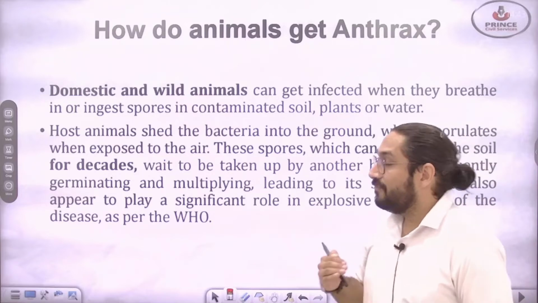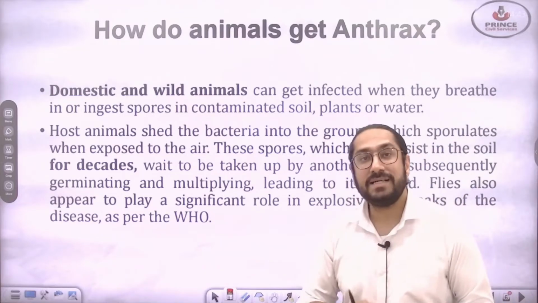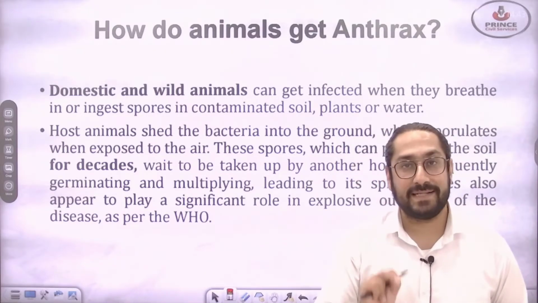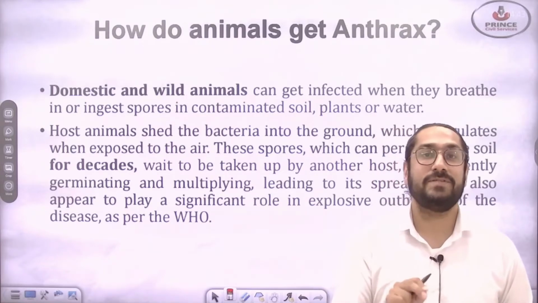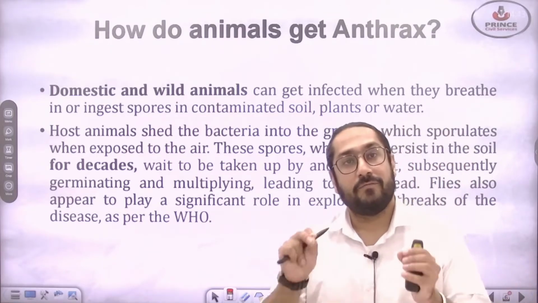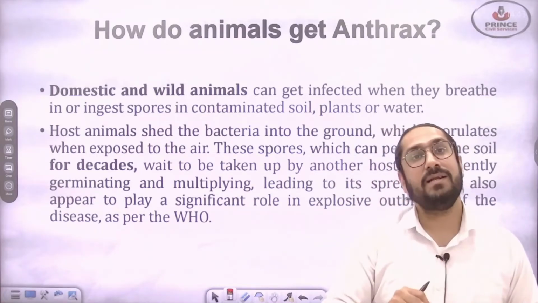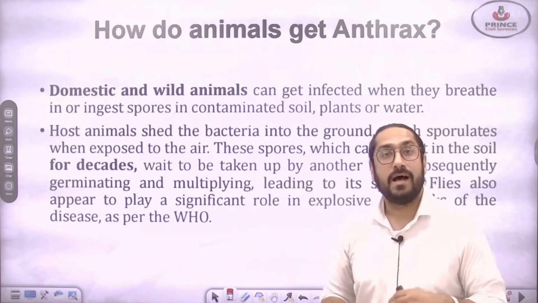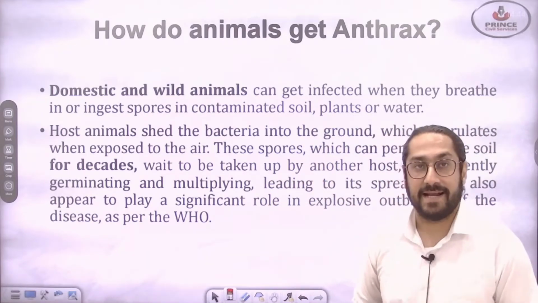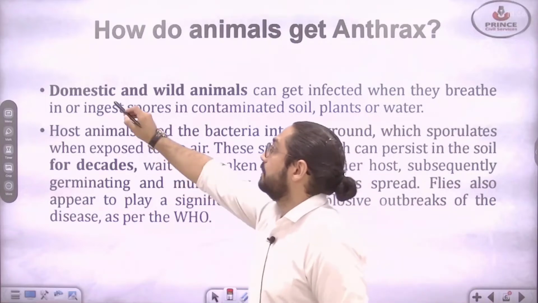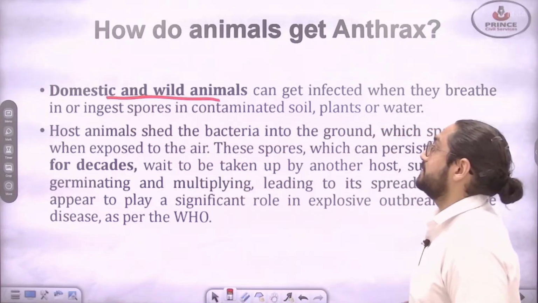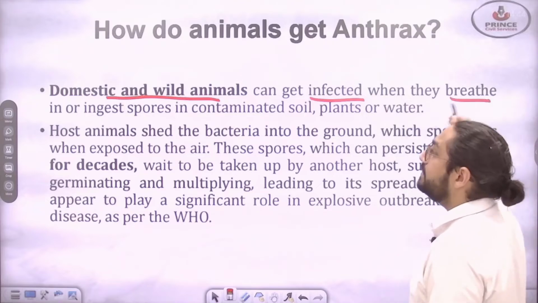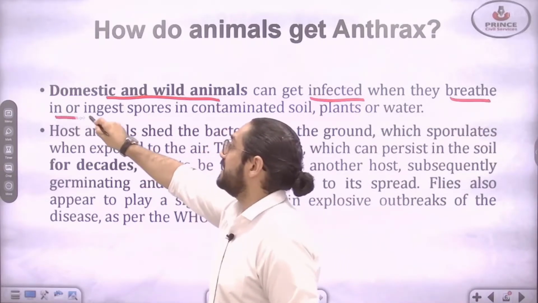Now, first thing is how does an animal get anthrax? I told you this bacteria naturally lives in the soil. So from soil, the animal gets anthrax. So let's get to know how animals get anthrax. Domestic and wild animals can get infected when they breathe in or ingest spores.